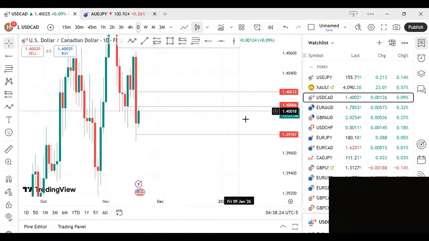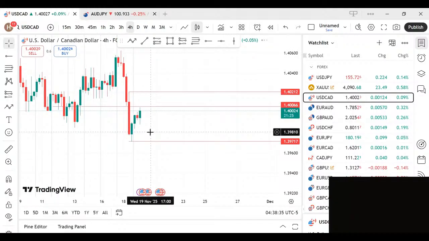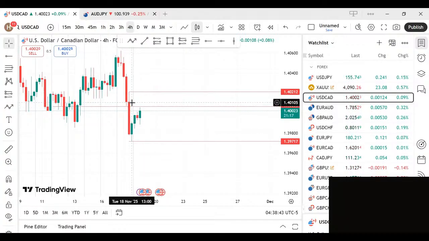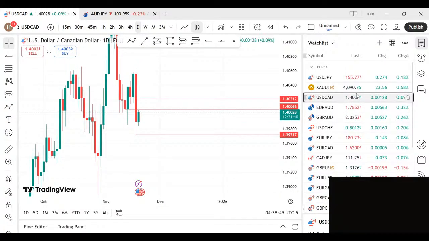Another thing I'm expecting is that price will come and sweep the low of this daily candle. So let's see what today's candle does. If today's candle closes like this, with a breakout to the upside on 4 hours, that means tomorrow I'm going to be looking for buys on USDCAD to the upside. All right, so at the moment USDCAD for me is not clear. I've actually looked at this pair this morning, so it's actually not clear.